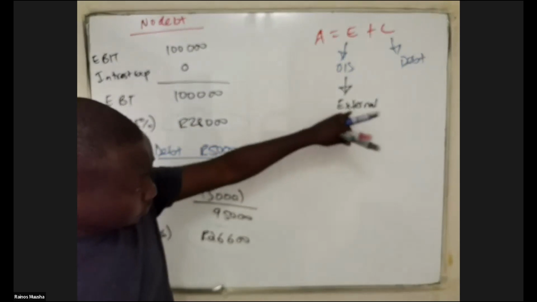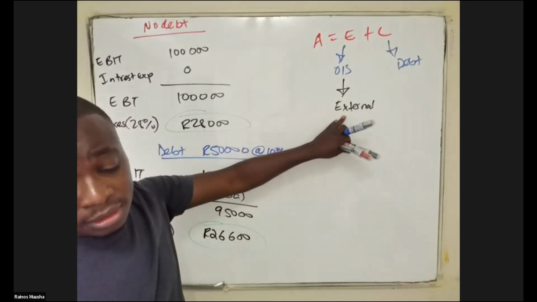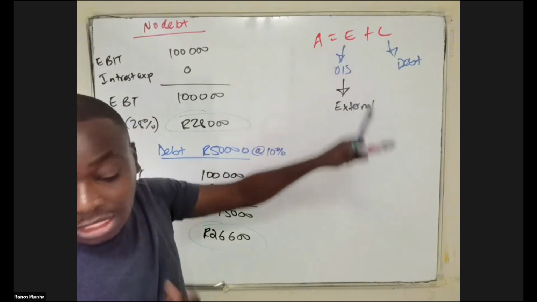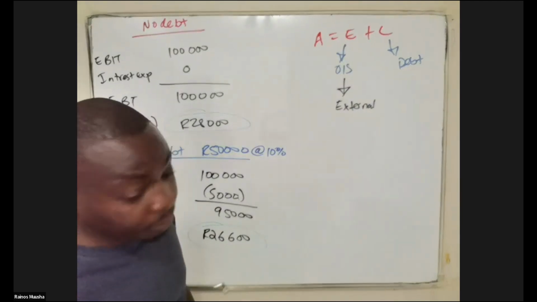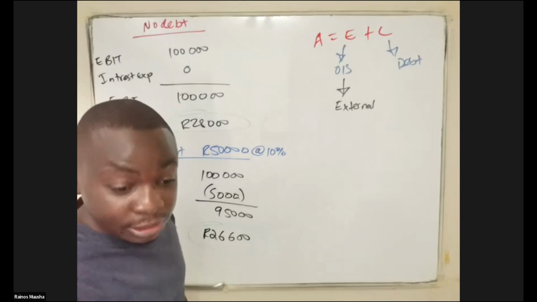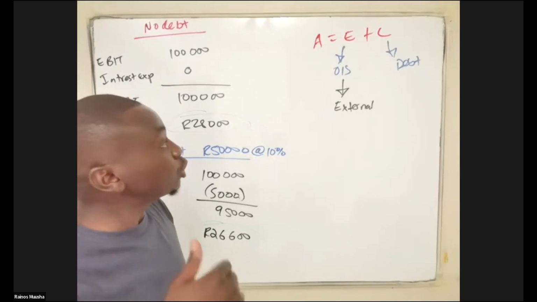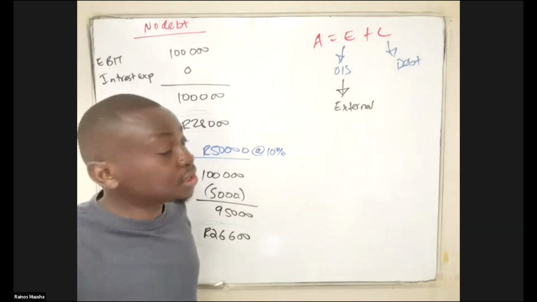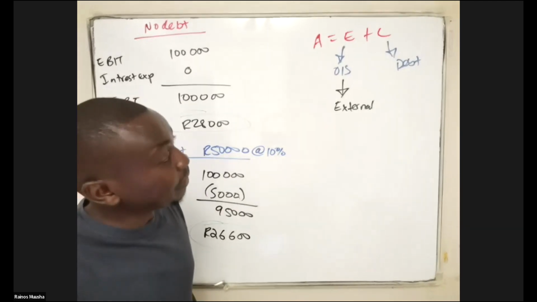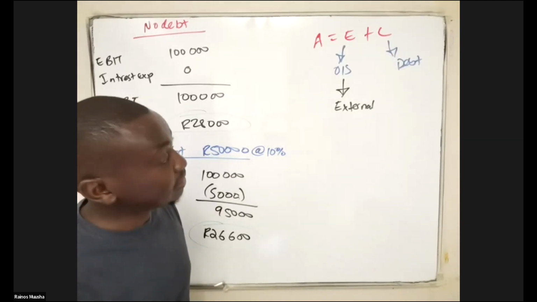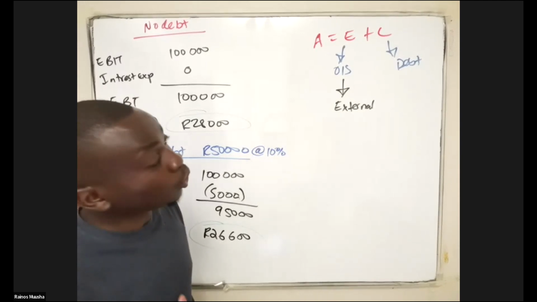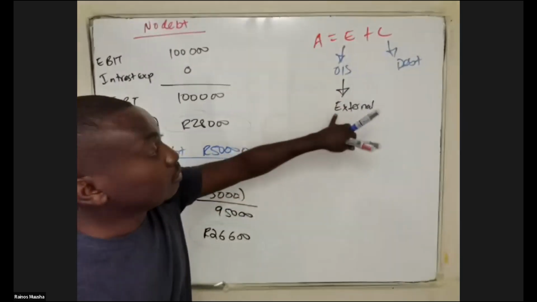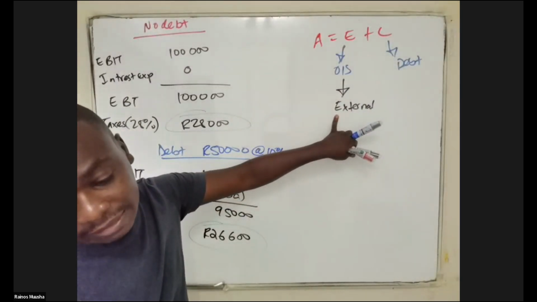If you own 100% of the company and you issue ordinary shares to other people, instead of owning 100% you're going to be owning a lesser percentage of the company, which means your controlling interest becomes lesser and lesser if you're issuing more external equity financing.